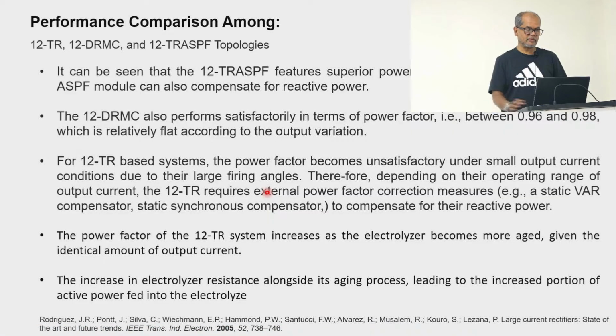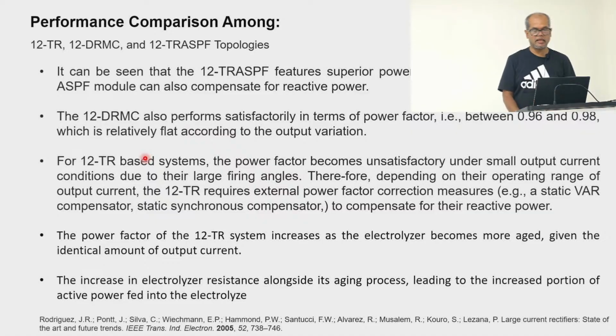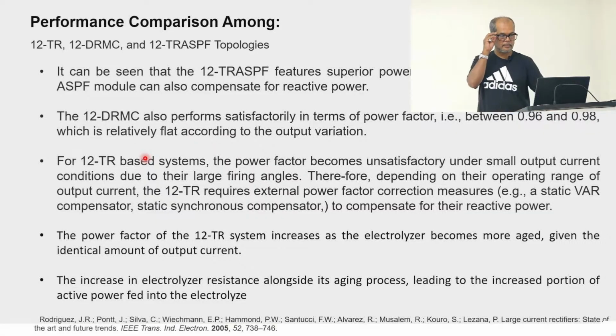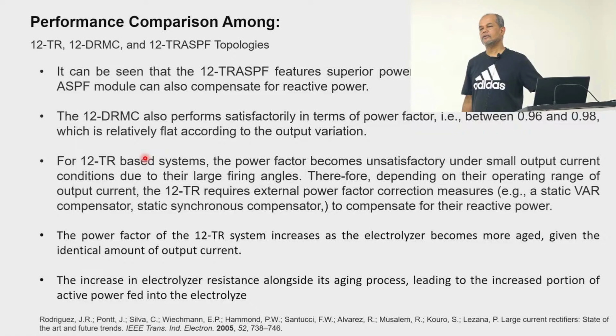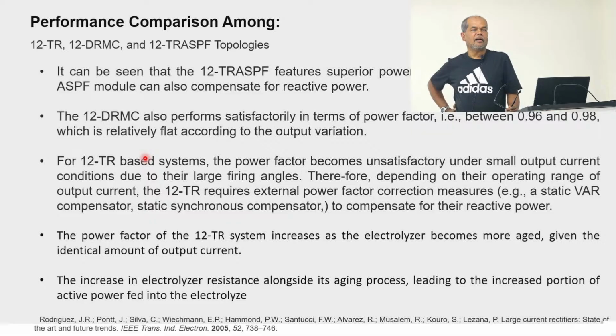And even if you cannot use a 12 pulse Thyristor rectifier, when you have a lower power factor there are other options as well. You can still improve the power factor, but the requirement is that you have to use an additional device, and there are many devices available in the market to improve power factor.